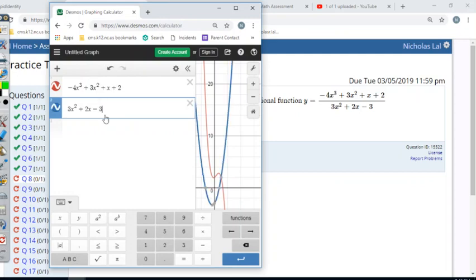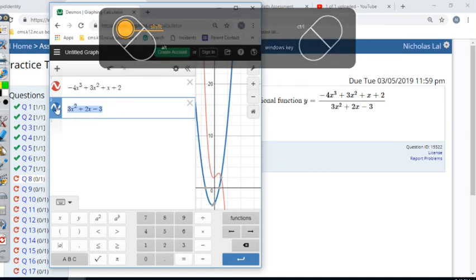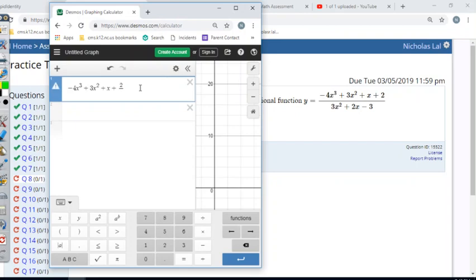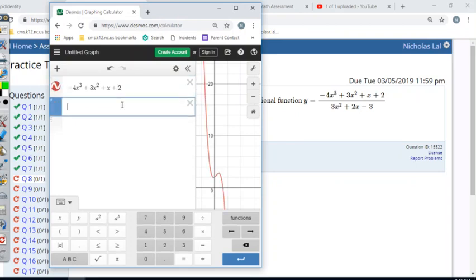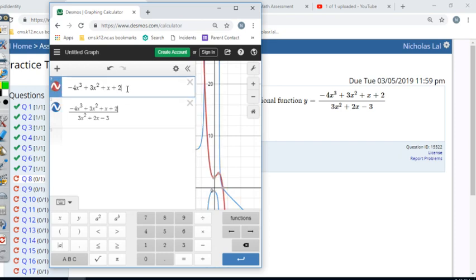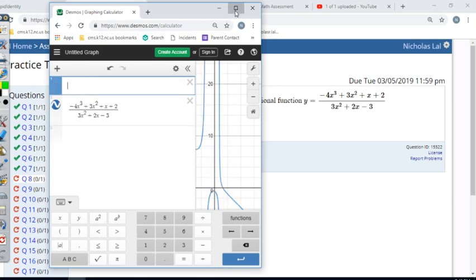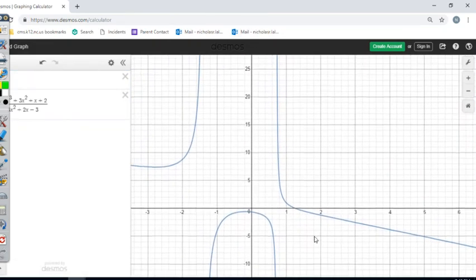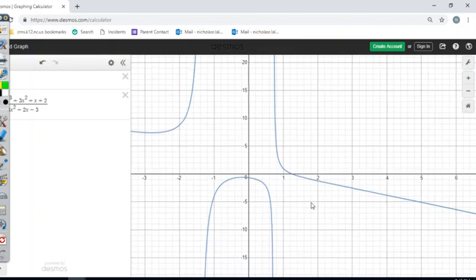Oh, and sorry, let me copy this, Control C, Control V. All right, so we're looking at this function here. And so we have our oblique asymptote right here.